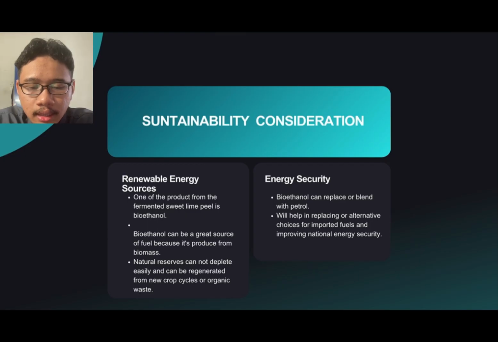With this, sweet lime peel will be an alternative choice for producing bioethanol and for replacing fossil fuel, further reducing carbon emissions in the air and improving national energy security. That's all from me. Thank you.